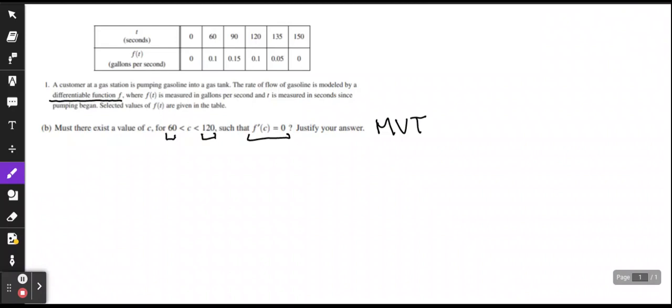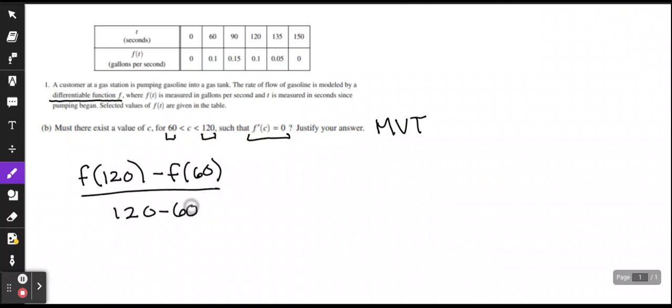So using MVT, we will do f of 120 minus f of 60, divided by 120 minus 60. And we know f of 120 and f of 60 are equal, so the top will equal 0, and the bottom will equal 60, so the result is 0.